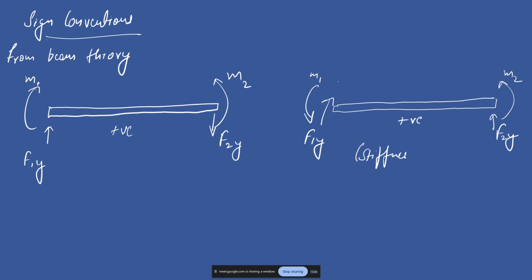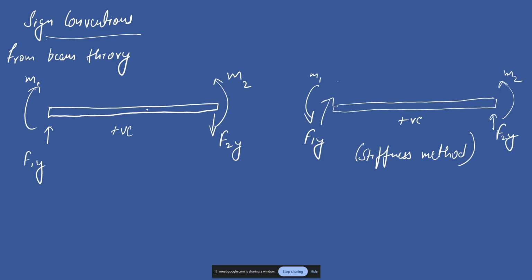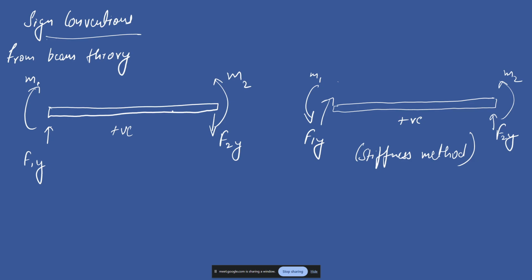So this is your stiffness method, and this is your beam theory. These are the positive conventions. Whatever responses have been generated at the beam level, if we want to use them to make the stiffness matrix, we have to convert the sign conventions used in beam theory to the stiffness method.